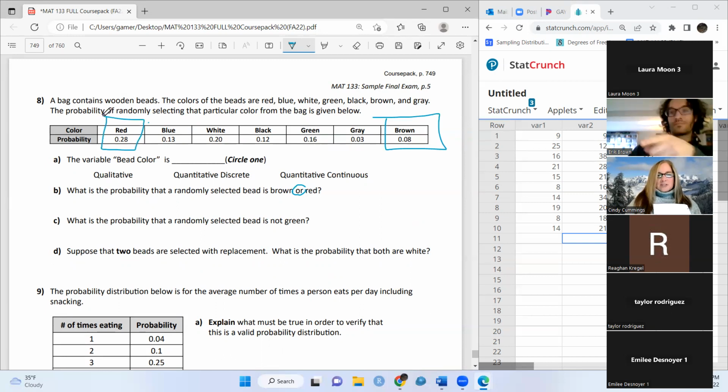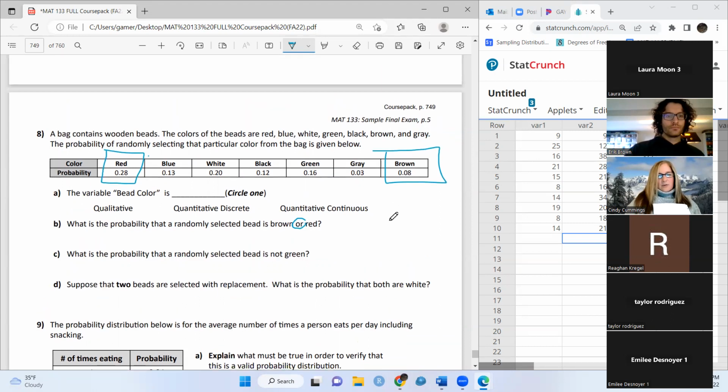Yes, add. And you don't have to divide them by 7. If those were whole numbers and they told you how many red and how many brown, and we had to figure out the total amount, then you would have to divide. But they already did the work for us.